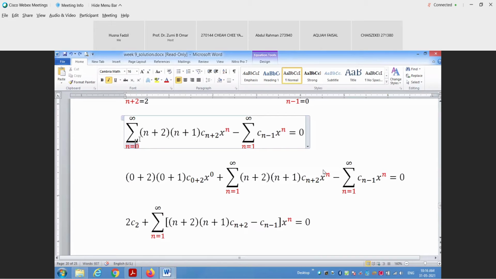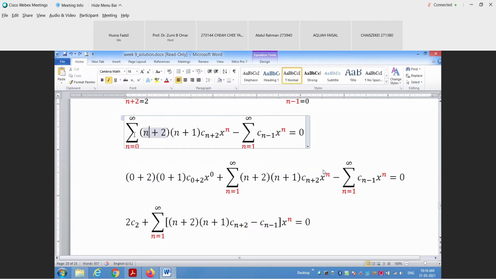First, you replace the terms in the first series with n equal to 0. Now replace n with 0. We have 0 plus 2, and here n plus 1 will be 0 plus 1, because you replace this n with 0, and then C_{0+2} x power of 0.